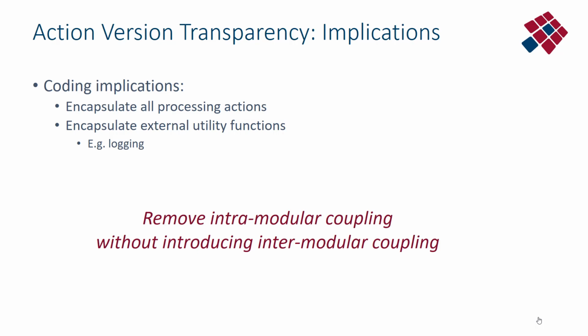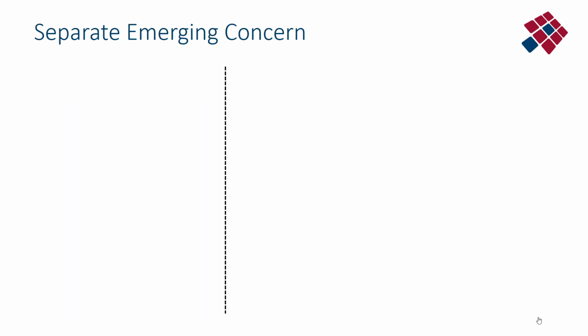So basically, if we already look at those two first design theorems, it's about removing the intramodular coupling, removing things that do not belong together, which are confined in the same module and therefore create coupling, removing this coupling within the modules without introducing coupling between the modules.